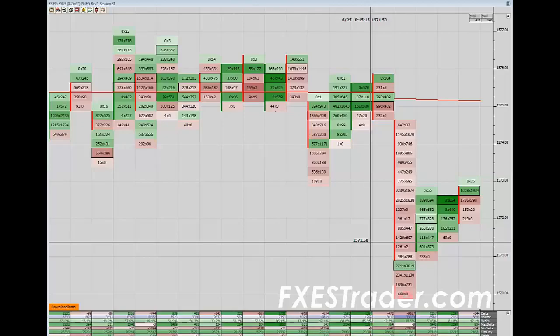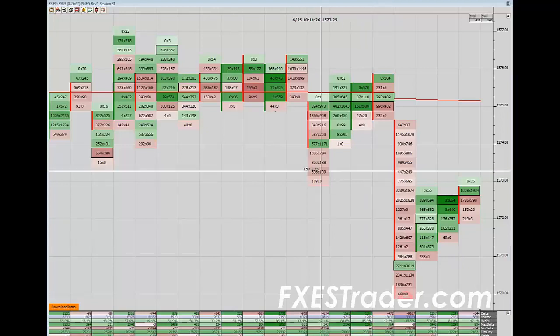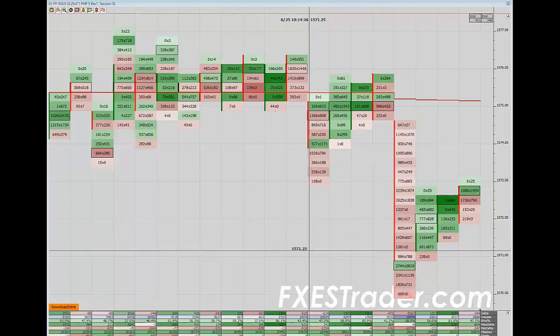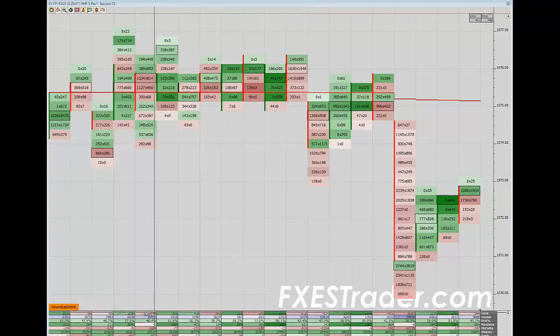Okay, so let's put some of these examples into practice on what took place today. As you can see on the footprint here, we're looking at the ES, the September contract, the U contract. The boxes at the bottom show the delta, which is the top line you see going across, and the daily delta.